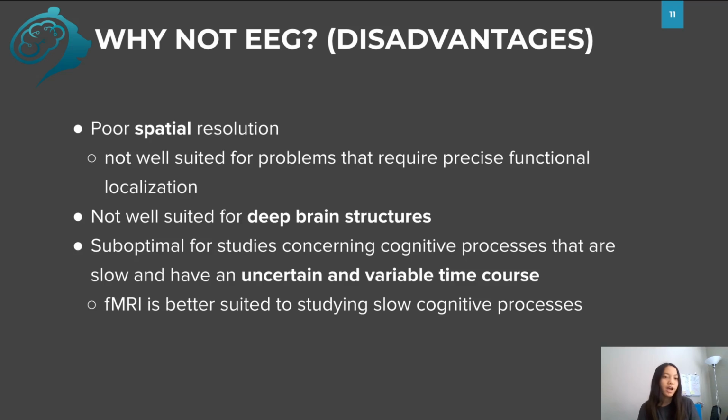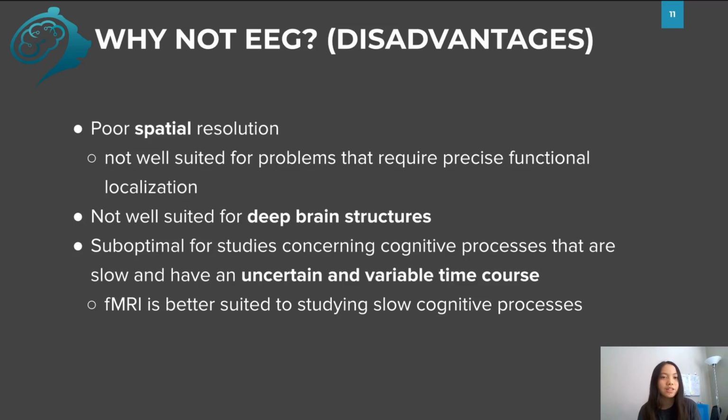The extremely high temporal precision of EEG might be disadvantageous in some cases. Many EEG analyses become unreliable when the cross-trial jitters in timing are longer than a few tens or hundreds of milliseconds. The relatively low temporal precision of fMRI is better suited to studying slow cognitive processes. So some social and emotional processes might have slow and uncertain time courses that can be more difficult to interpret with EEG.